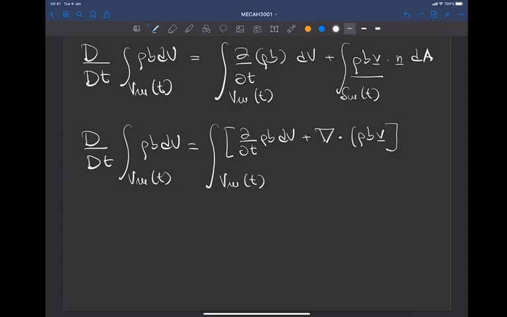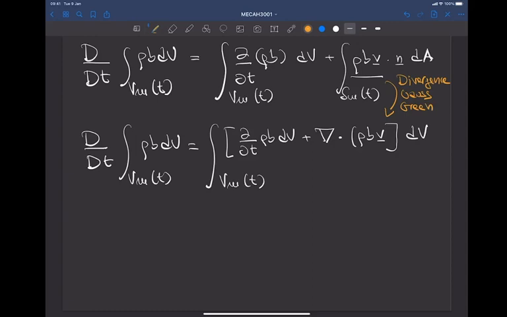Okay, and of course I have to then multiply by dV. So remember the transition from here to that, we use the divergence or Gauss-Green theorem.